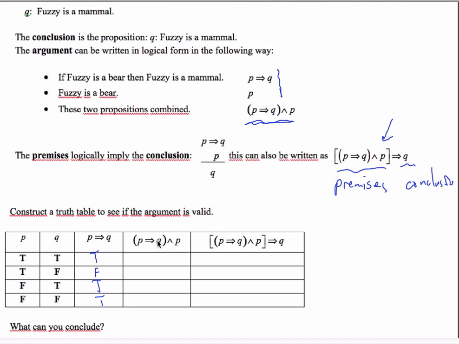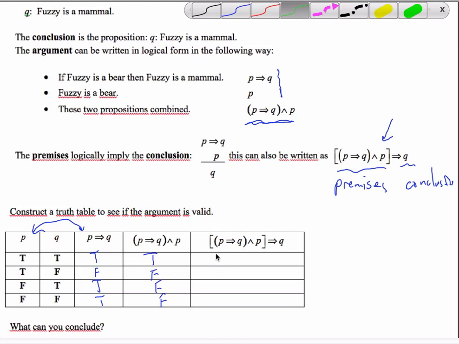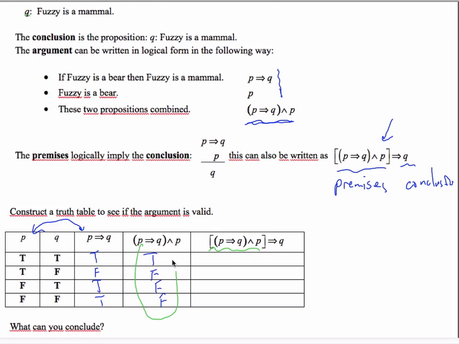Then we have P implies Q and P. That's only true if these two are true. We're looking at these two now. P implies Q and P is true here, and the rest of them are false. Now the final one, we have this entire statement P implies Q and P, and Q is this column.